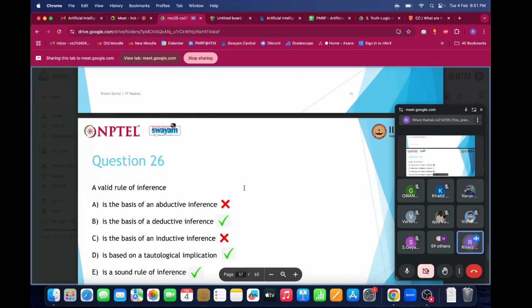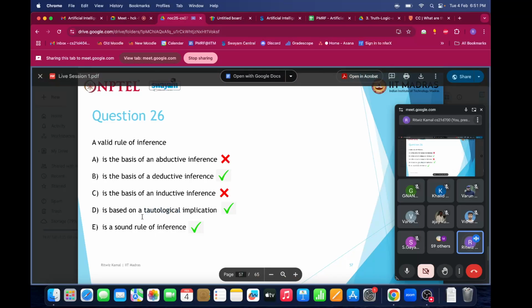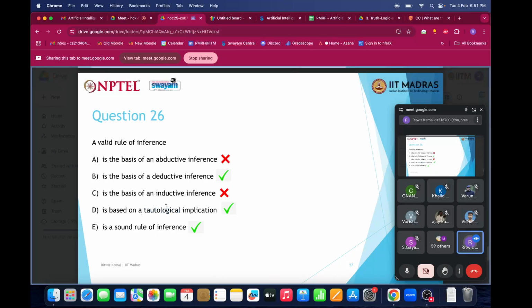A valid rule of inference would be a basis of a deductive inference, right? It is based on a tautological implication. A tautology is essentially something that is always true. It cannot take the truth value false. It is always true, and it is a sound rule of inference. Of course, when it is a tautological implication, which means it is always true, it has to be sound, right?